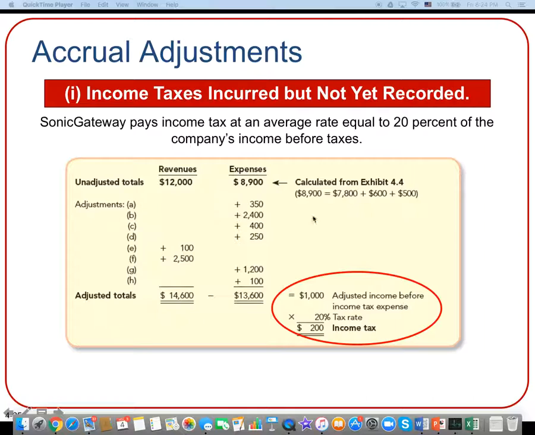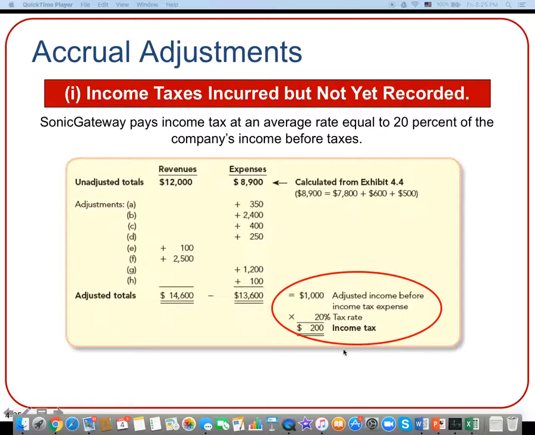Through your trial balance, you calculate all of the expenses. Then you have income of $1,000, and you estimate the company is supposed to pay 20% income tax. So you get your monthly income tax of $200. That's just your estimated amount.